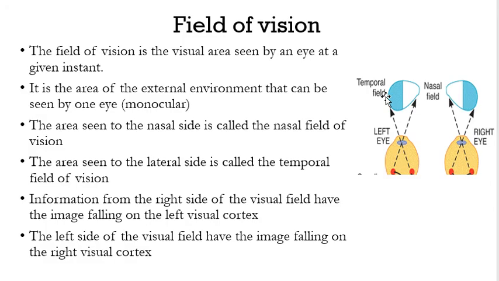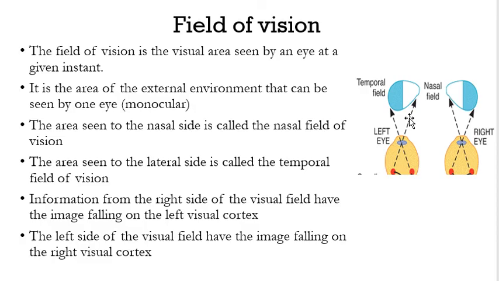If you go to the other blue side, it's also the temporal side of the left eye. When you go to the right side, the temporal side is also shaded blue. And the nasal sides, or the nasal fields, both of them are just white.